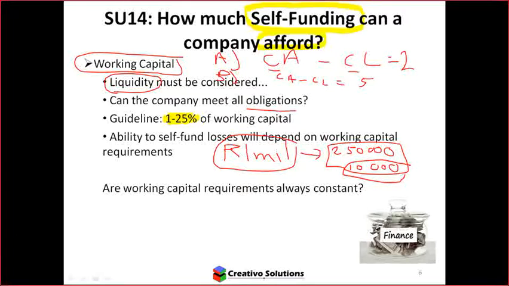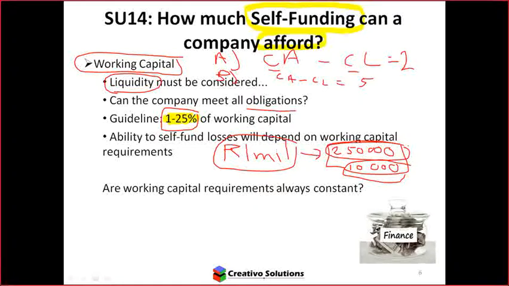That would easily pay for a scratch. Or if you looked at the upper limit, 25% of 1,000,000 as part of your working capital is 250,000. Is that enough to buy a new vehicle? More than enough. So every month you could buy a new vehicle if that was the case. Do you agree? Yes.